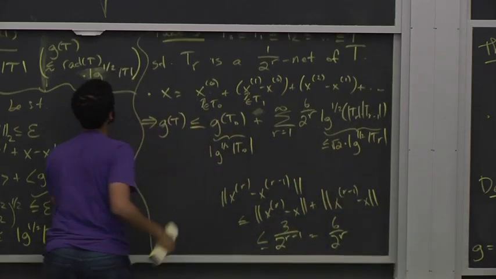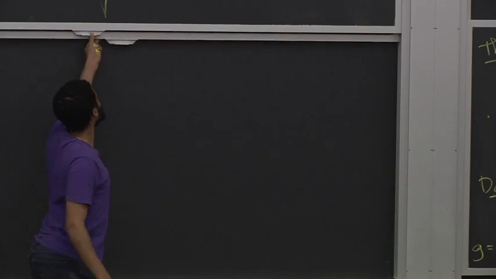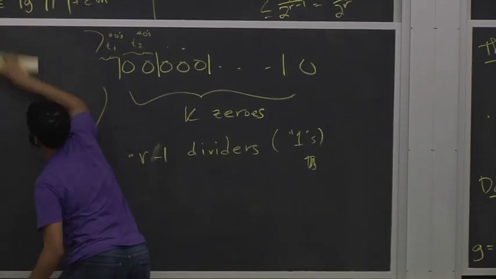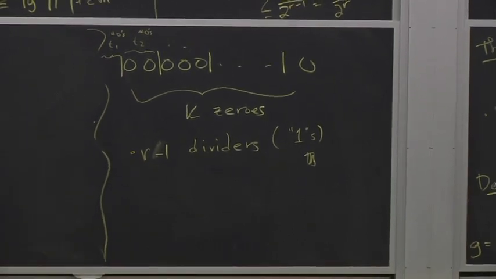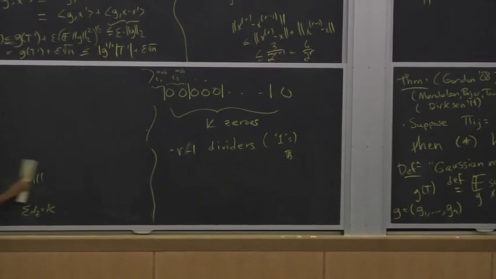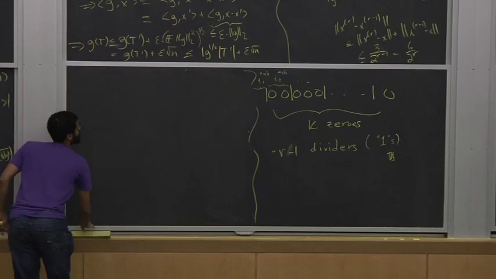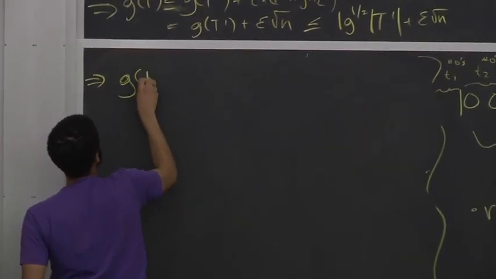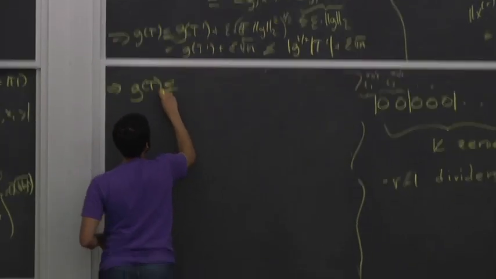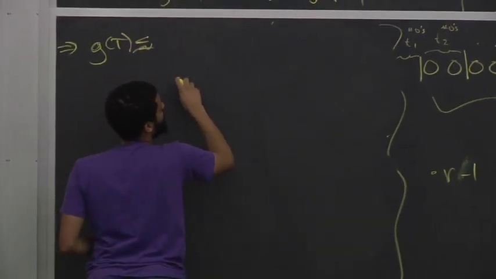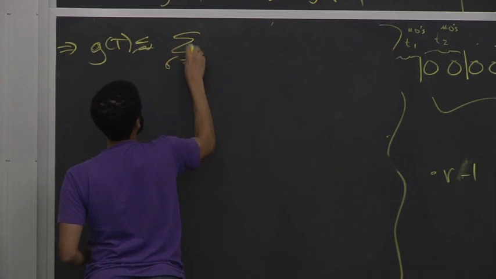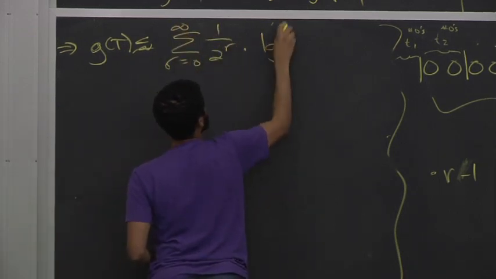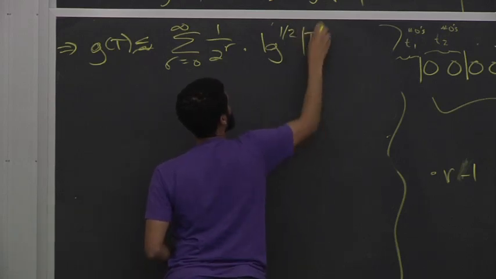So that implies that g of T is at most, up to a constant, the sum r goes from 0 to infinity, 1 over 2 to the r times root log the size of Tr.